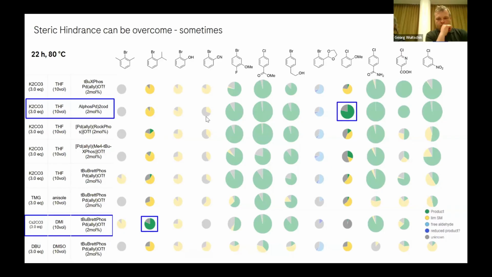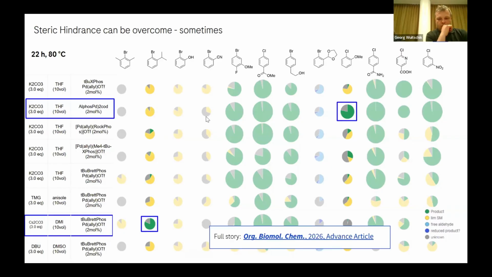And with that, I think we just published that in the beginning of March, so three weeks ago. If you want the full story on the barbiturate and the Meldrum's acid, feel free to have a look at that article.